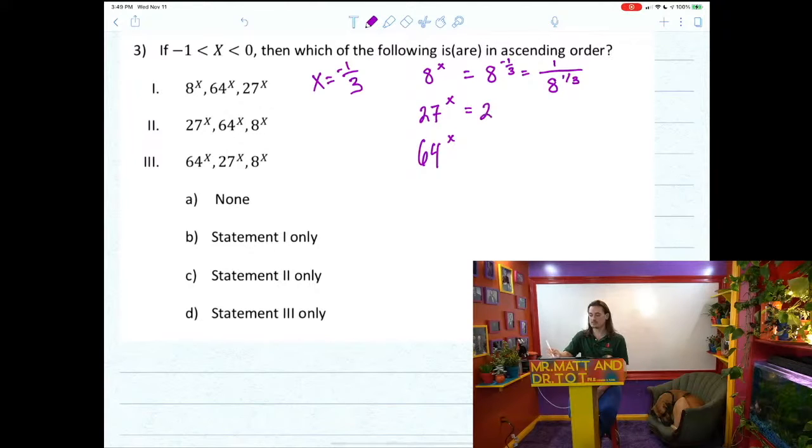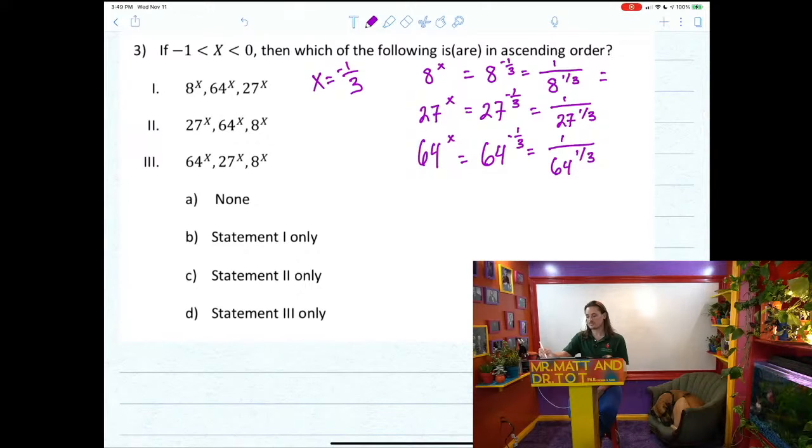The same thing here, 27 to the negative 1/3 evaluates into 1 over 27 raised to the 1/3 power. And 64 to the negative 1/3 power evaluates into 1 over 64 raised to the positive 1/3 power. Remember, raising something to the 1/3 power is the same thing as taking the third root. So we're going to have 1 over the third root of 8, 1 over the third root of 27, and 1 over the third root of 64.